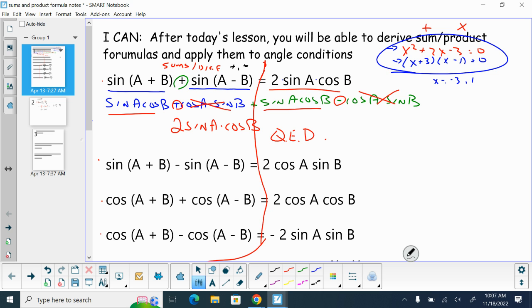On the right-hand side, we have products, which means we have multiplication. Yes and no, we divide by 2 in a couple of them down there. But for the most part, everything is turned into multiplication. And once again, when we have things in multiplication form, it allows us to solve equations.